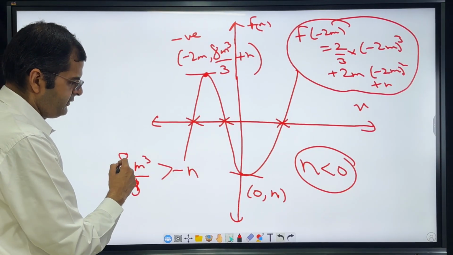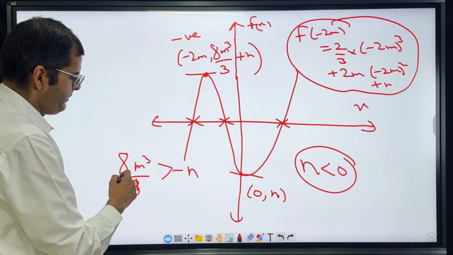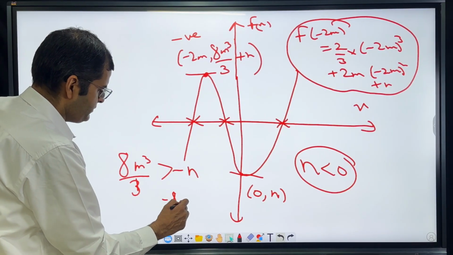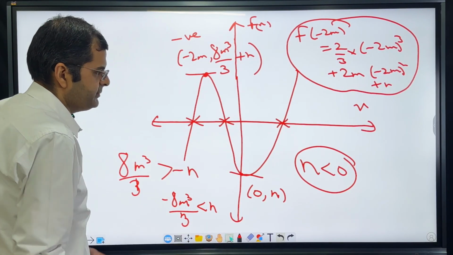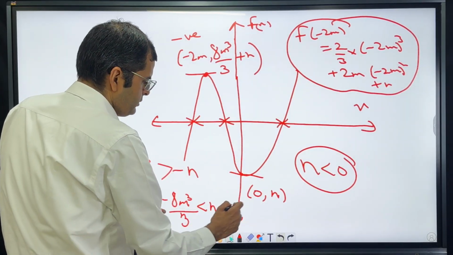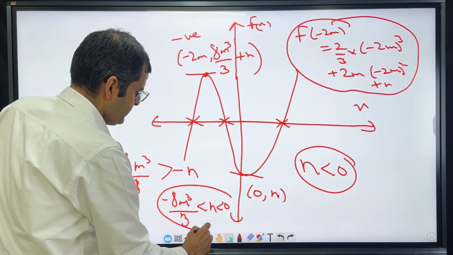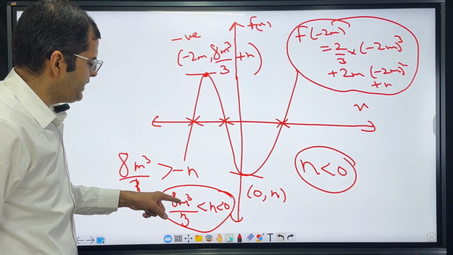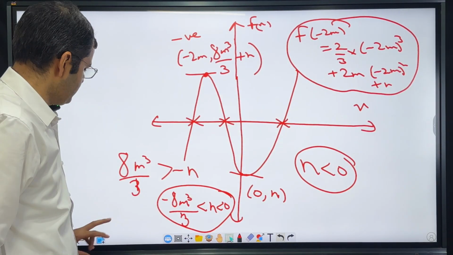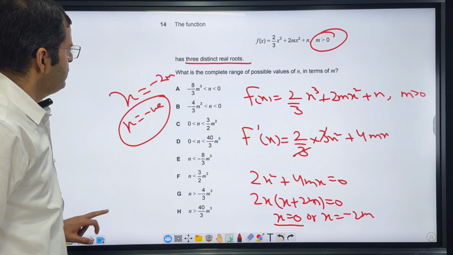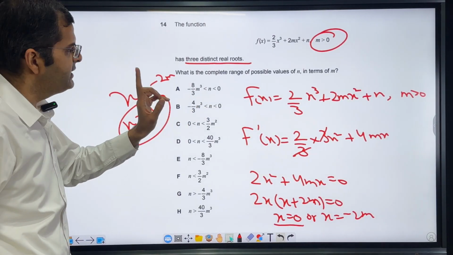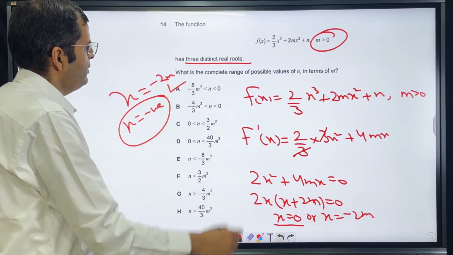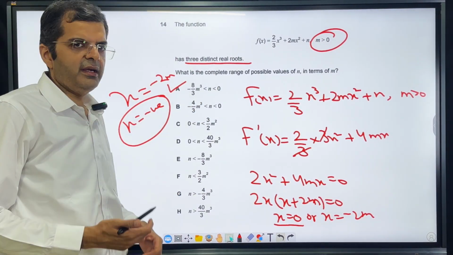If you multiply by minus 1 on both the sides, this becomes minus 8m cube by 3 less than n, and n is also less than 0. So minus 8m cube by 3 is less than n, which is less than 0, which is actually the first option. Answer option A over here is the correct answer.